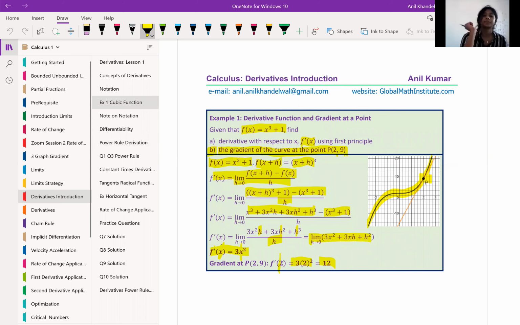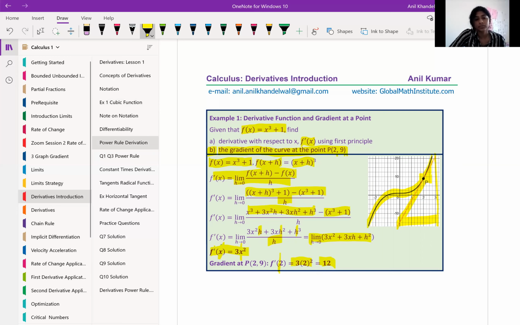And you may have to verify the slope of the tangent line. So this tangent line which I've drawn here, you have to draw like this, form a triangle, and then verify that the slope is exactly the same as you got in your calculations. So that could be a part of your question.